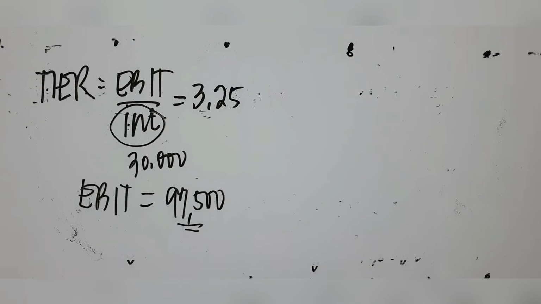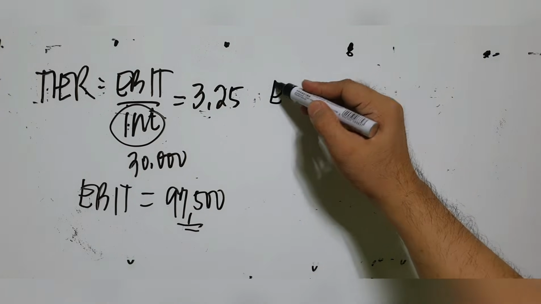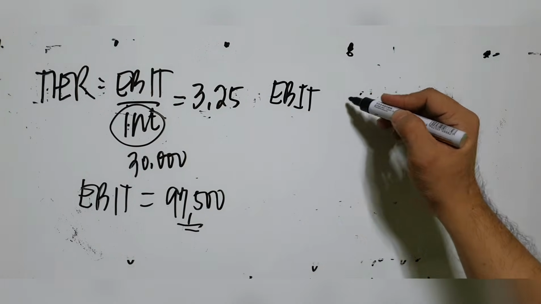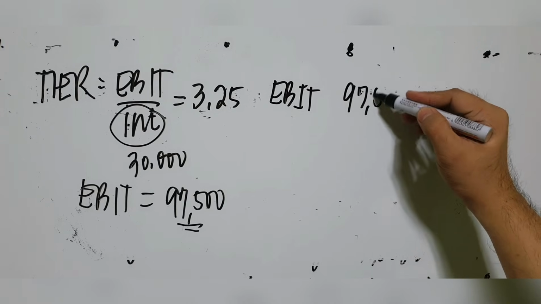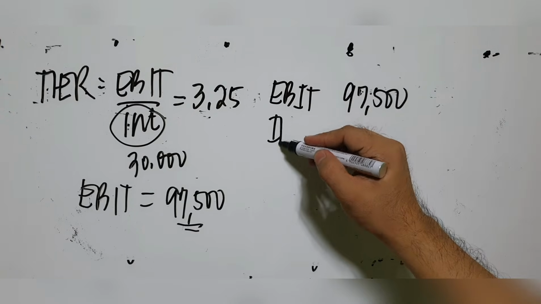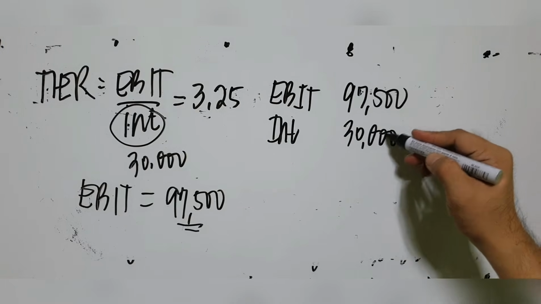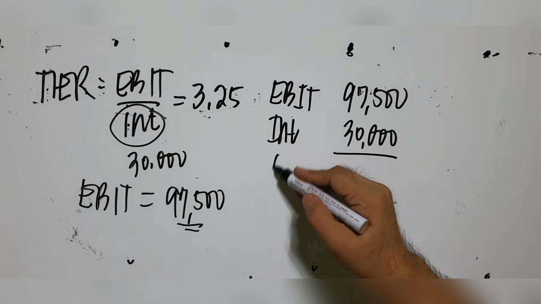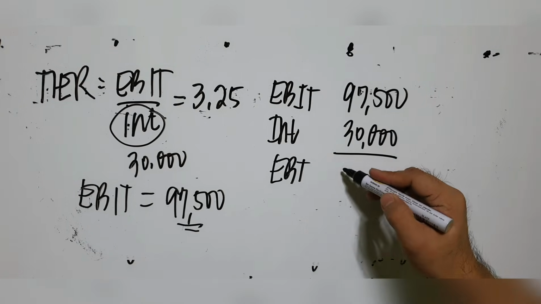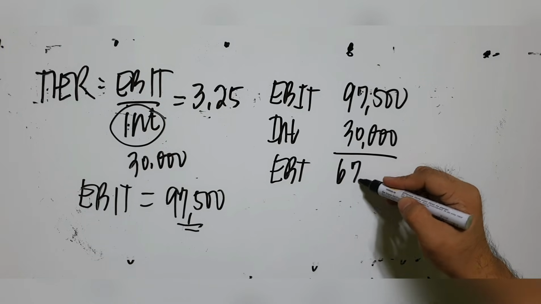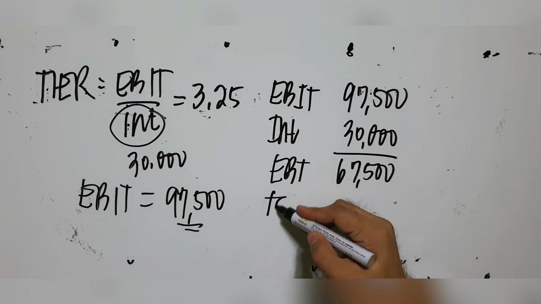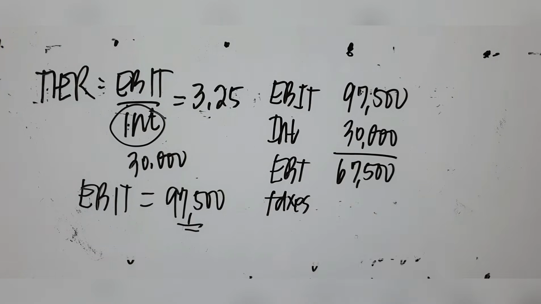But the question is, magkano ang net income? So, our EBIT is 97,500. Our interest muna ang ima-minus natin, which is 30,000. So, our EBT, earnings before tax, ay 67,500 minus the taxes. Na ilang percent ang tax natin?